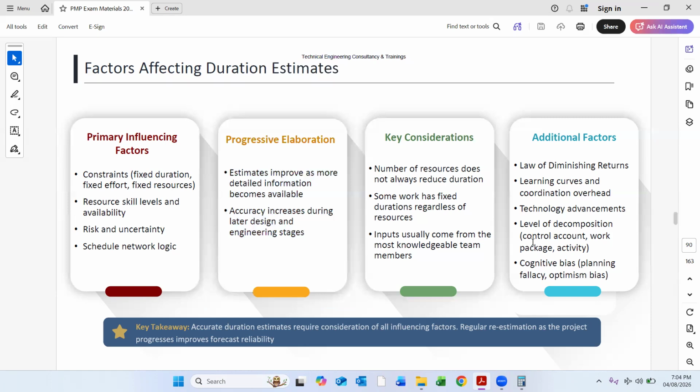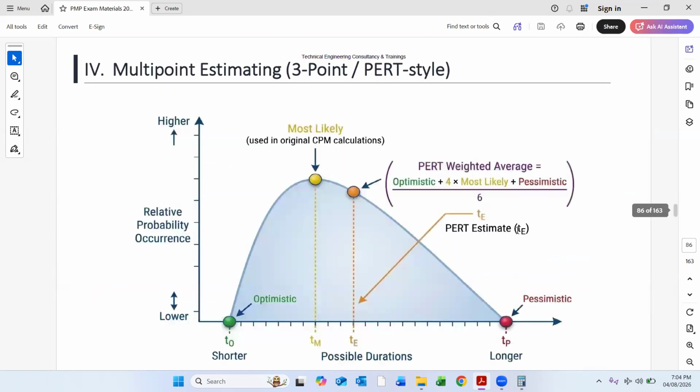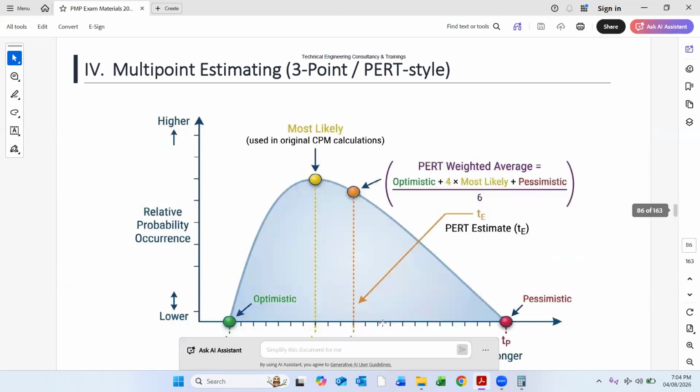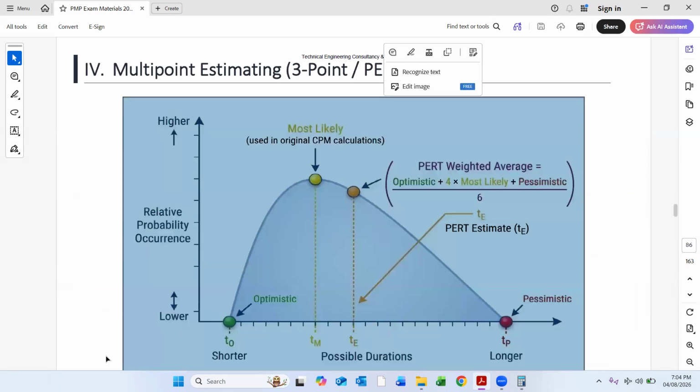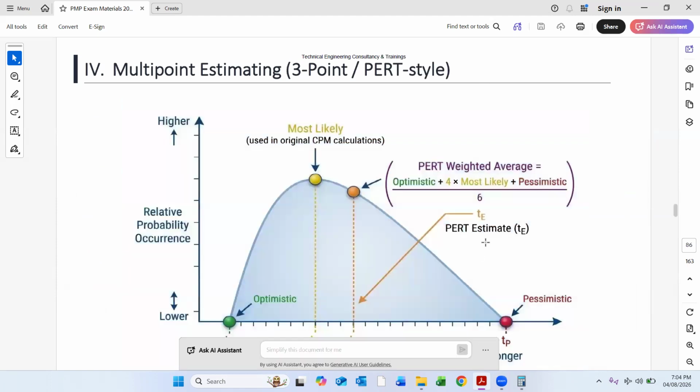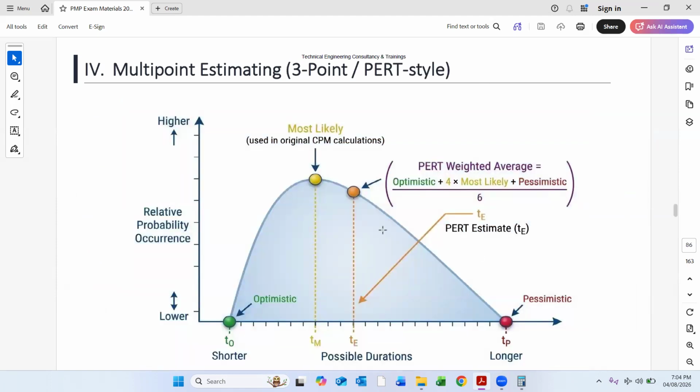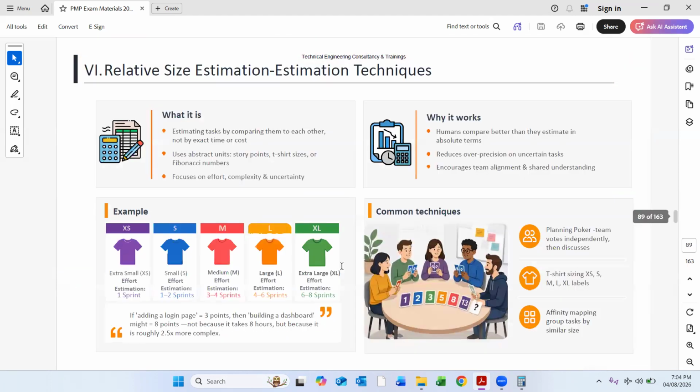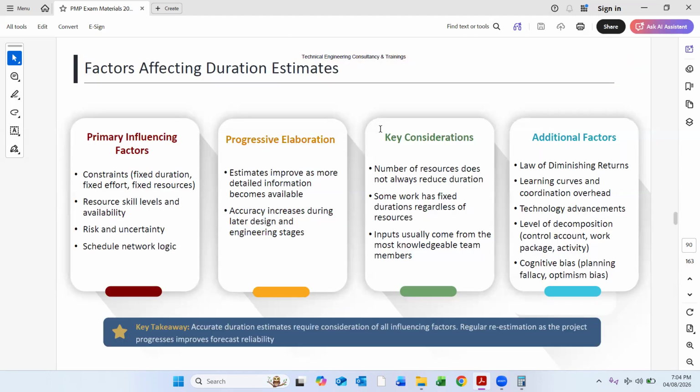What we have calculated so far, like in PERT estimation, we calculated the optimistic, the pessimistic, the PERT estimate, and the most likely estimate. So these are the possible durations. But how are these durations affected, based on what factors? We make some calculations, but these factors will affect them.